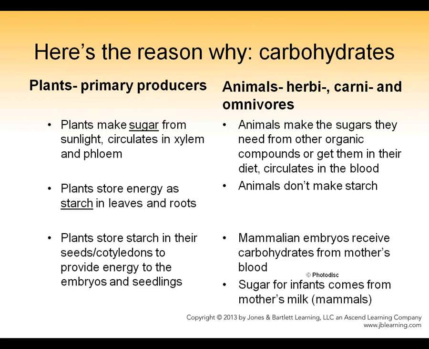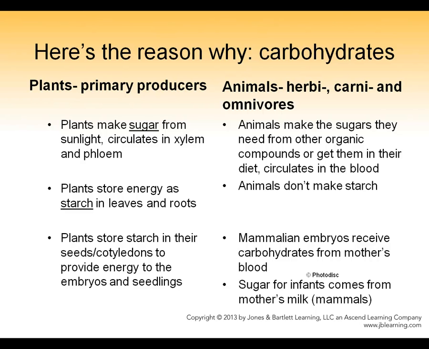Now, the other part of the life cycle in plants to think about is the next generation. So during the day they're using sugar. At night, and when it's cloudy outside, they dig into their starch reserves. But plants need to think about providing energy to the next generation, and the next generation is seeds.